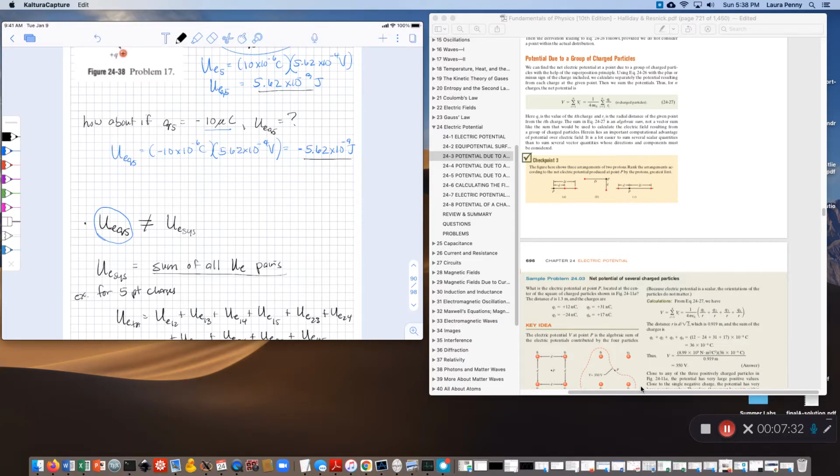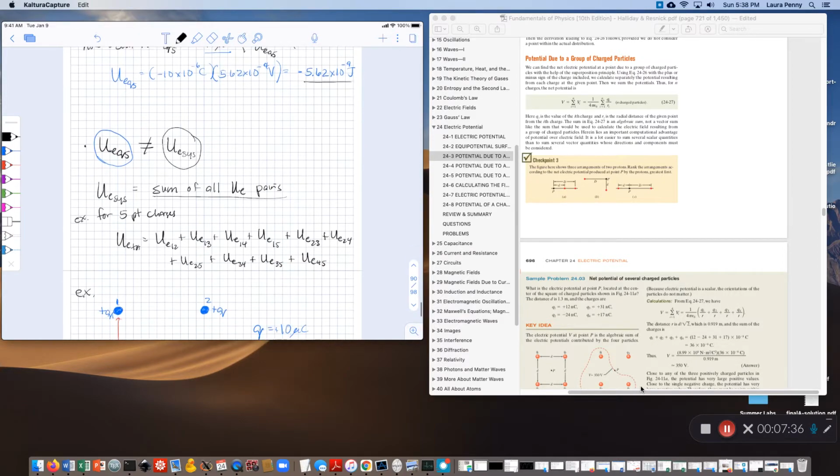But if I wanted to know the actual UE for the entire system, then I have to do the sum of all the pairs. So if I have these 5 point charges, I would actually have to do UE12, UE13, 14, 15, and then 23, 24, 25, 34, 35, and 45. All the pairs is what I'd have to do. And that's not the same as what I just calculated.